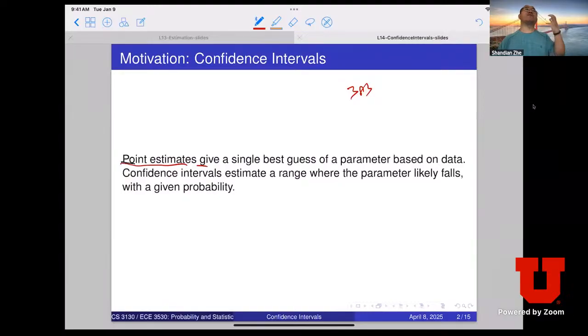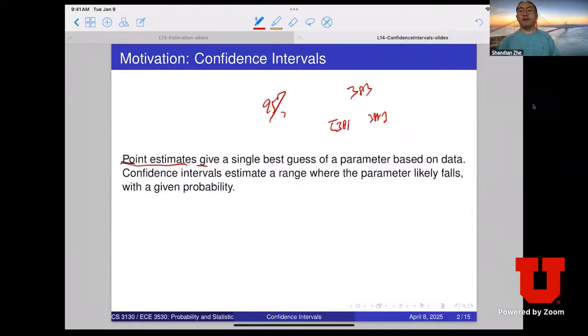If you can give me an interval, the range, say, I have 95% confidence that tomorrow's stock price will land in a range like 381 to 385, that would be much better.